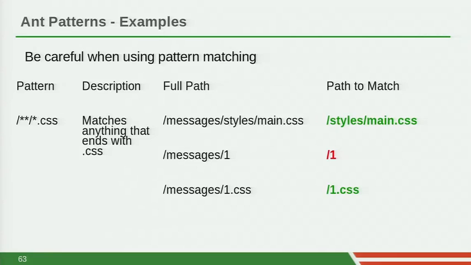And this would be good because we might want to allow access to all our CSS resources to anyone. Makes sense. /1, that doesn't match. So that means that our message, if we're viewing a detailed message, that's secure, so we don't have to worry about anyone seeing that. But if someone tried to invoke /1.css, it would be public.